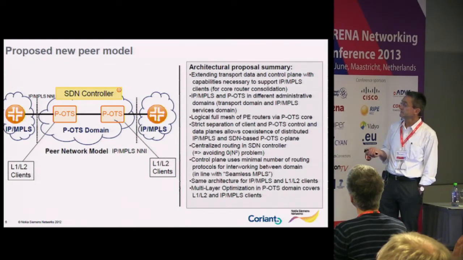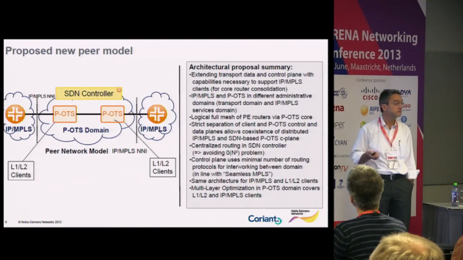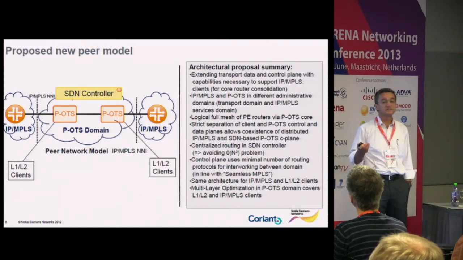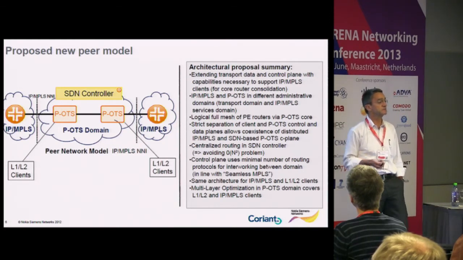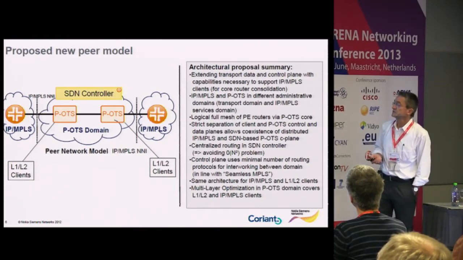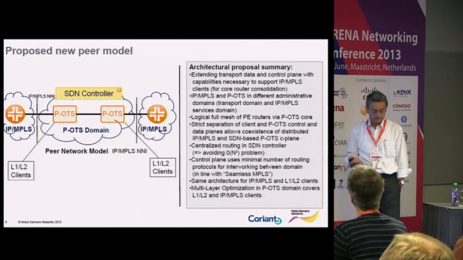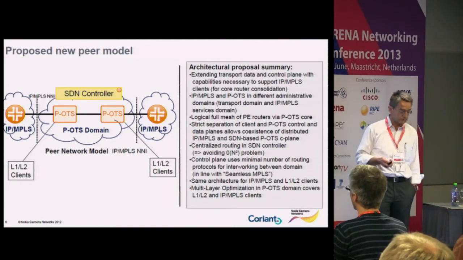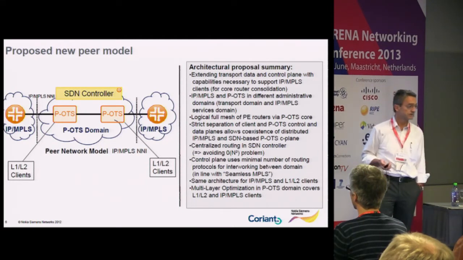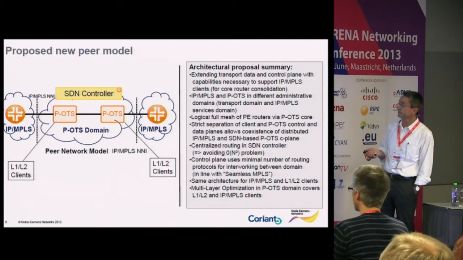And then here the POTS domain with an SDN controller, which is pretty simple to build, I would say, because centralization in transport was always the case. So we can reuse a number of software which we have anyway in our hands and developed previously.